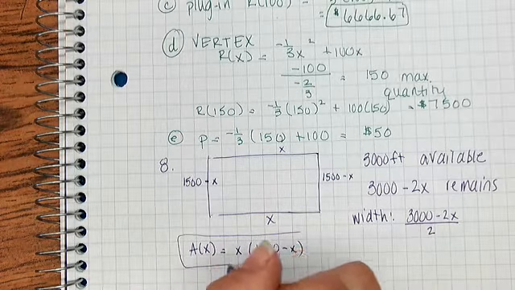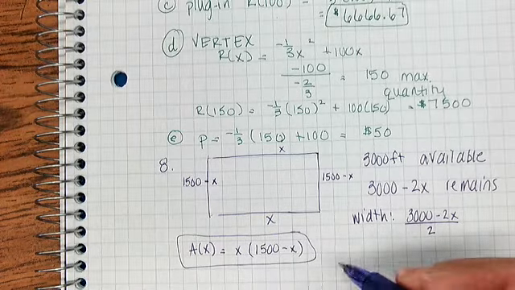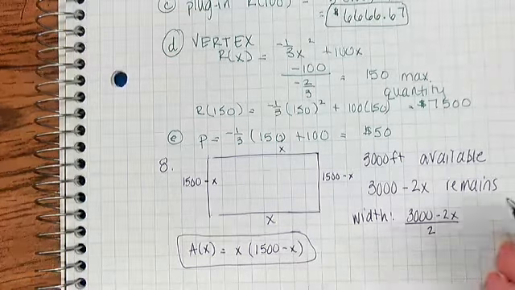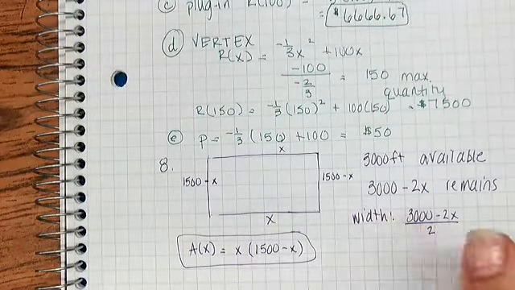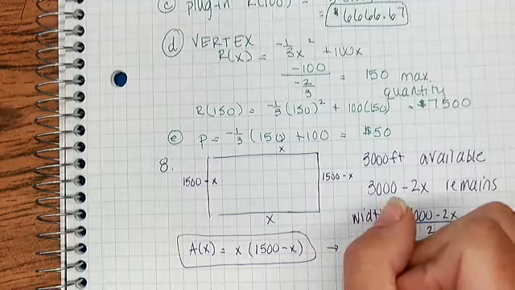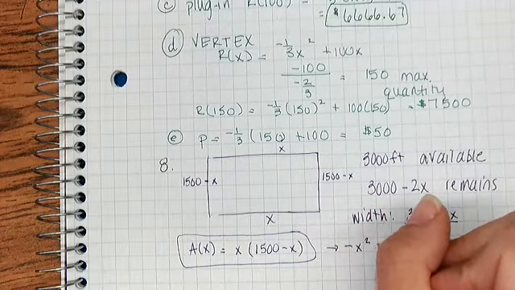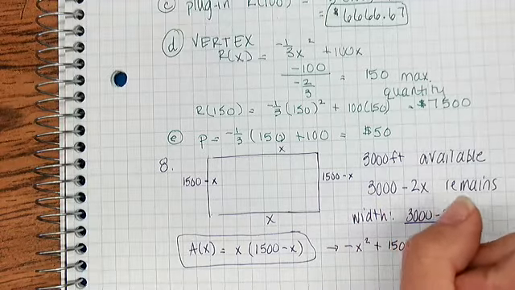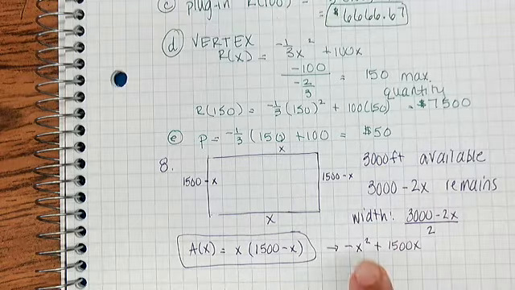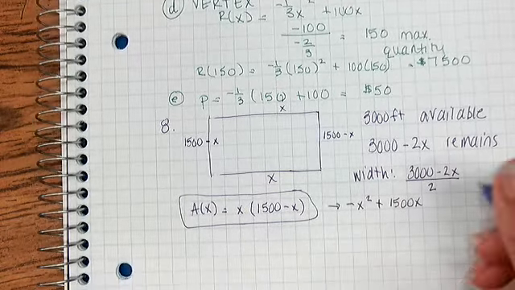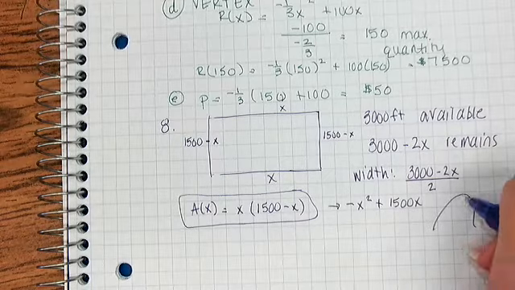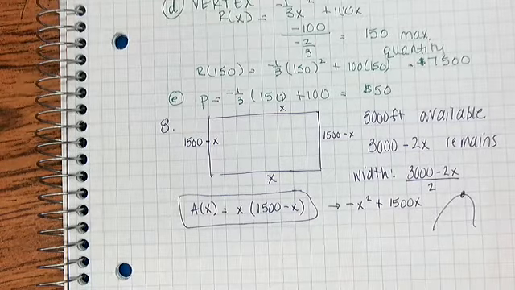You can plug into your calculator if you want, but you don't need to. This is an upside down parabola. You're looking for the vertex. This is the same thing as negative x squared plus 1500x. Negative, upside down, boom. If you want to maximize the area, you want that vertex.